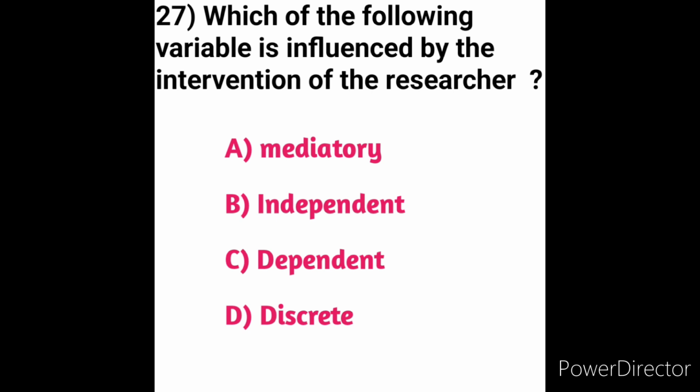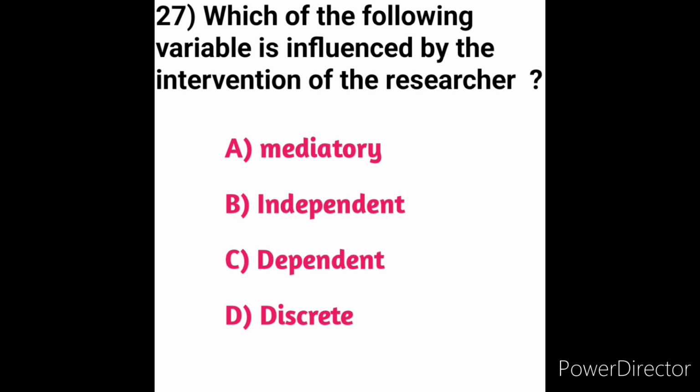So here, which variable is influenced by the intervention of the researcher means dependent. It is something that depends on other factors. The dependent variable is a variable that is being measured or tested in an experiment.